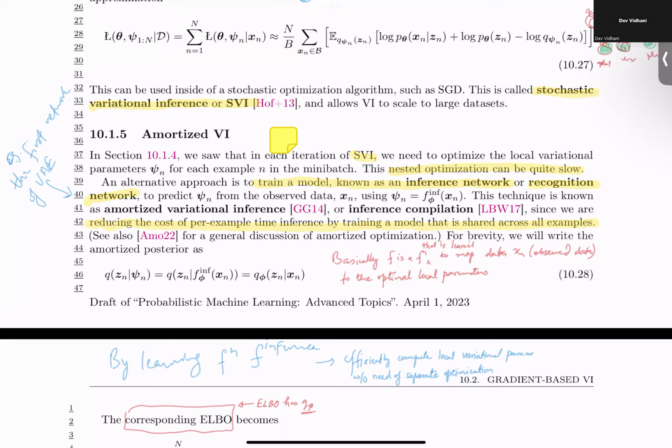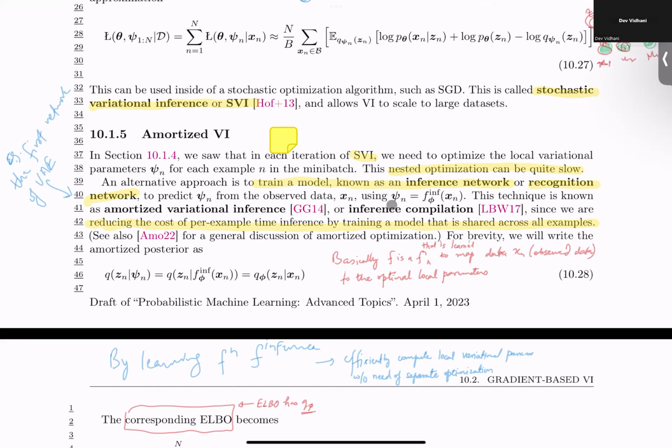The challenge there is that you still are looking at each data point to estimate psi for each of those hidden variables. Instead of estimating an individual psi for each individual data point, how about another model, parameterized by phi, an inference model that takes any xn and for the given xn outputs psi n?